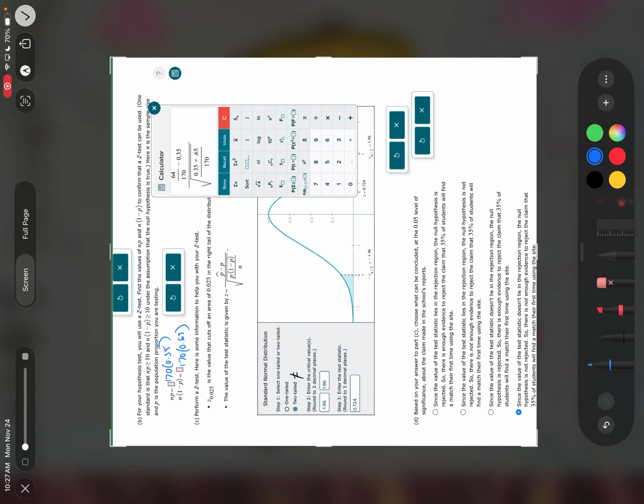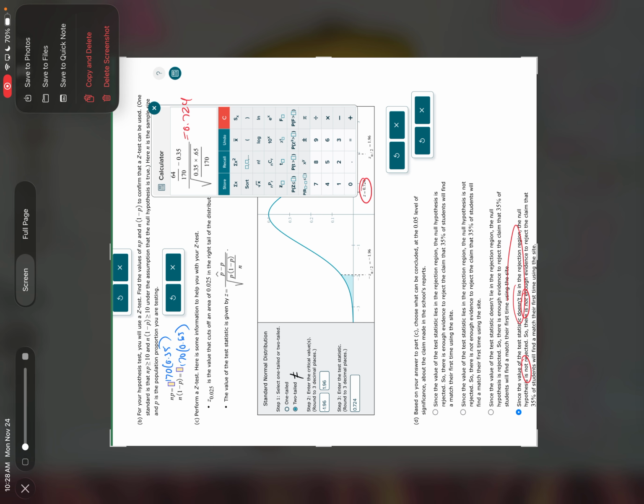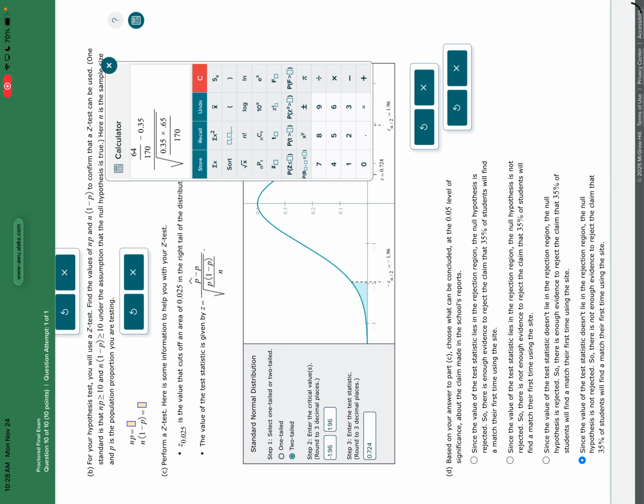So I used 64 on accident, my bad. And then there's our number, not in the rejection region. We're looking for the nots then. Not in the rejection region, not rejected, not enough evidence. And this equals 0.724. Yeah, the critical value is so much easier. All right, I think that's your test, right?